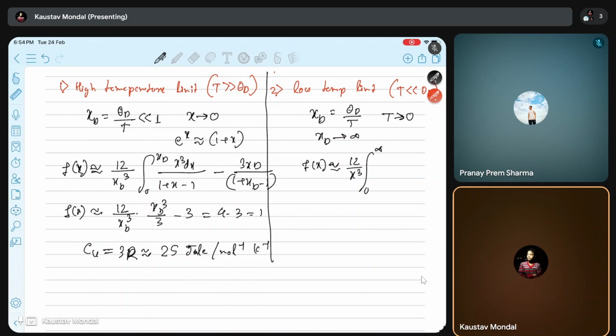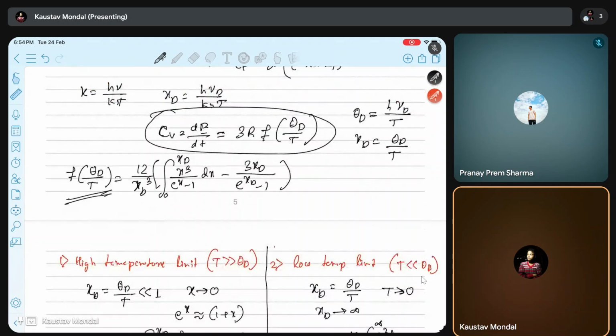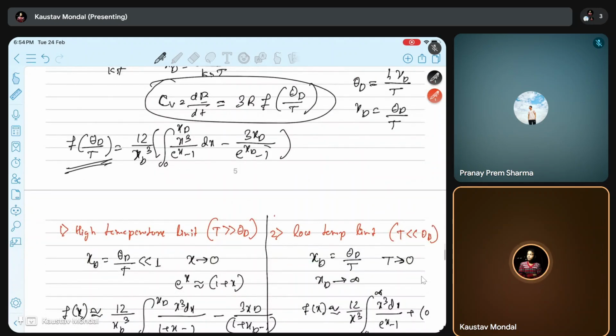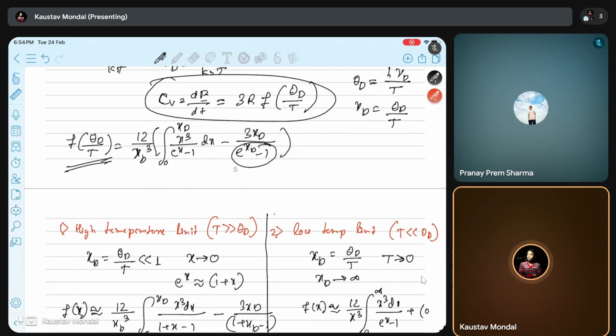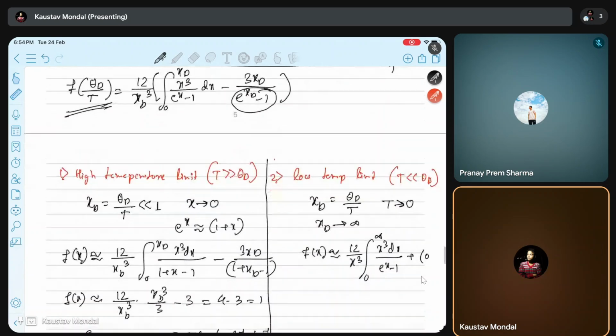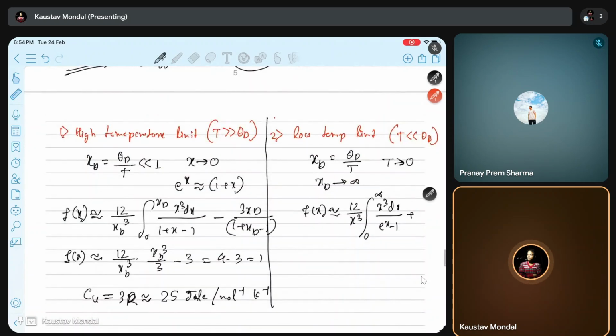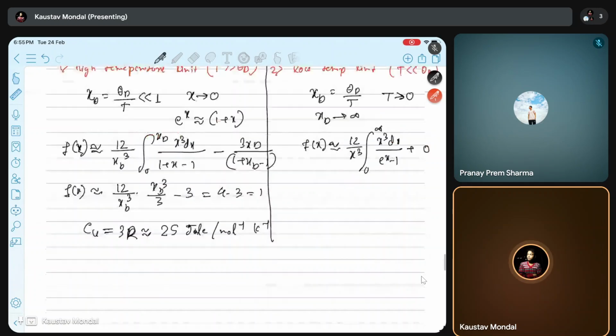So x cube dx by e to the power x minus 1, and the other part will become 0 since e to the power x will increase as x tends to infinite. Because of this, the denominator of this function will become very high. So that's why this whole expression will become very small. So this second term will become close to 0.